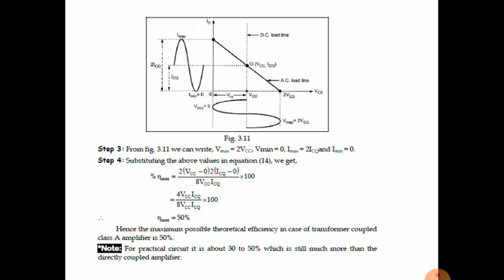So the efficiency is increased to 50% from 25%, but it has some disadvantages. Hence, the maximum possible theoretical efficiency in case of transformer coupled class A amplifier is 50%. For a practical circuit it is about 30 to 50%, which is still much more than the directly coupled amplifier.